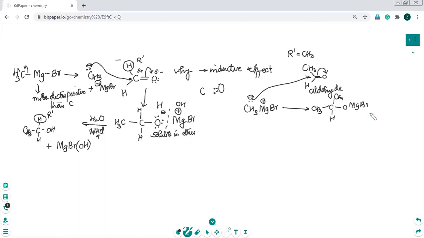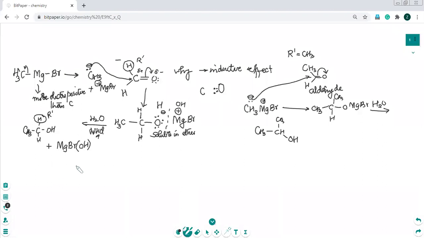And now this is treated with H plus or NH4Cl or H2O. You just have to add water. This is highly reactive material. So you will get CH3CHOHCH3, isopropyl alcohol.